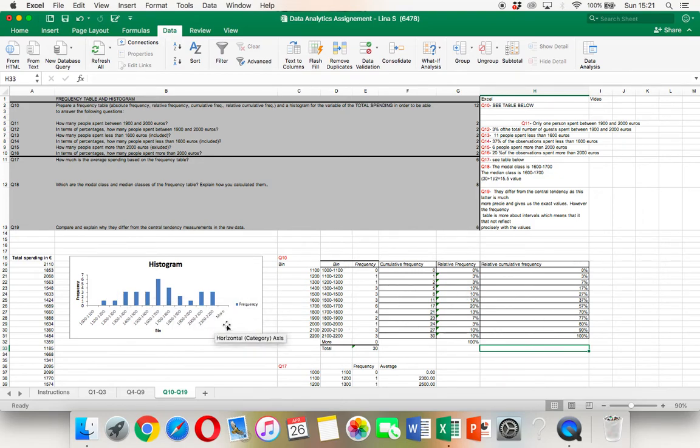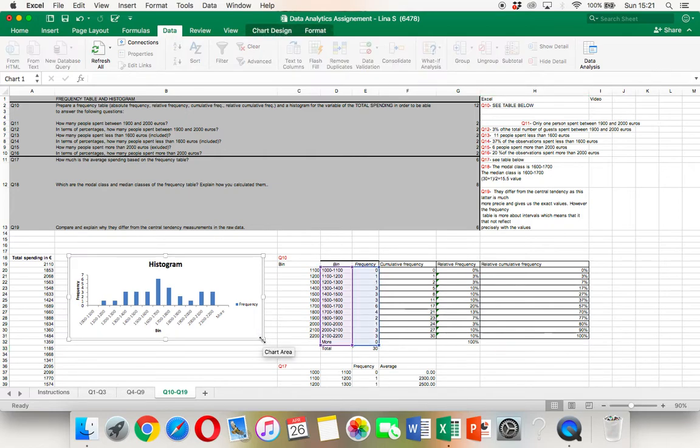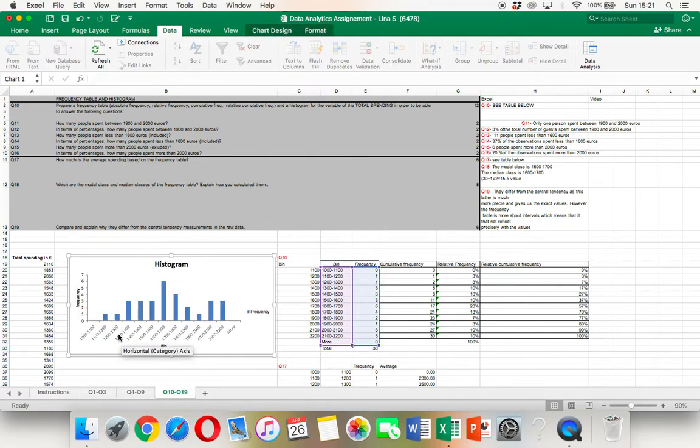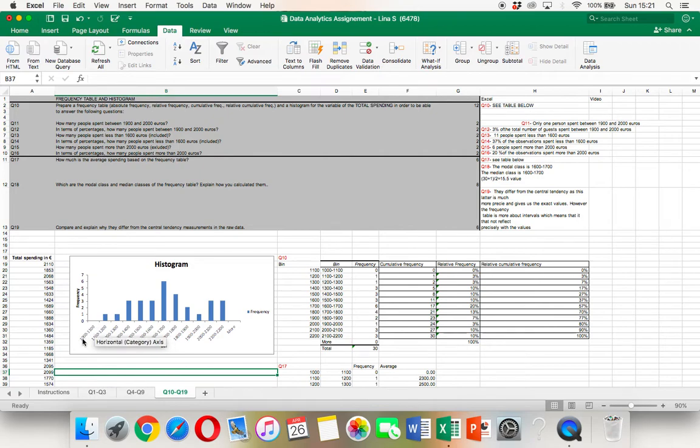Also, the histogram, if you want to have a look at it. So it's just about the interval. If we want to read the histogram, for example, let's say that three people, three guests, three observations, three counts is spending between 1,300 and 1,400.